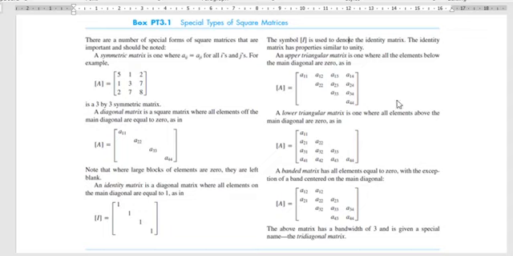Okay, we have here some special types of square matrices. Box PT 3.1: there are a number of special forms of square matrices that are important and should be noted. This is a symmetric matrix, where aij is equal to aji for all i's and j's, for example.